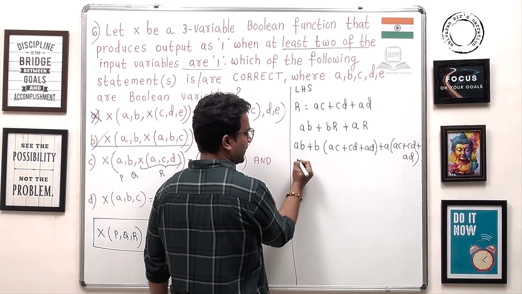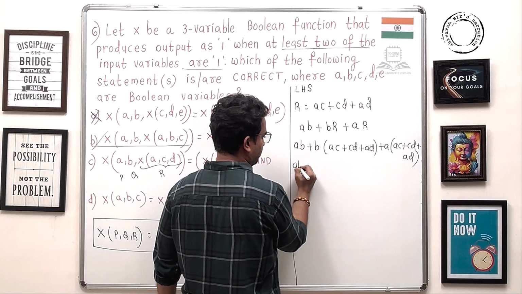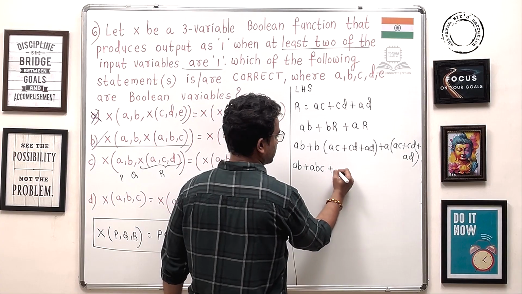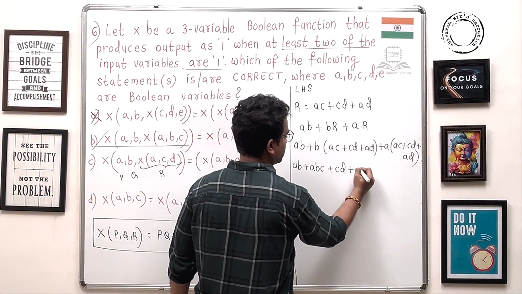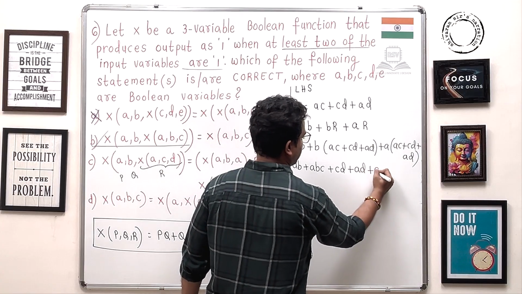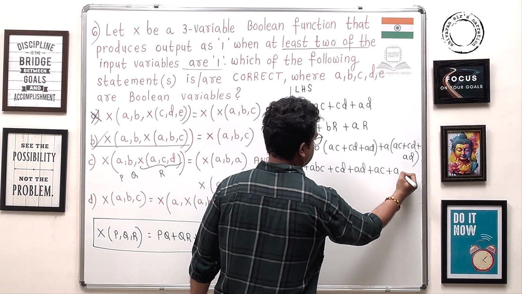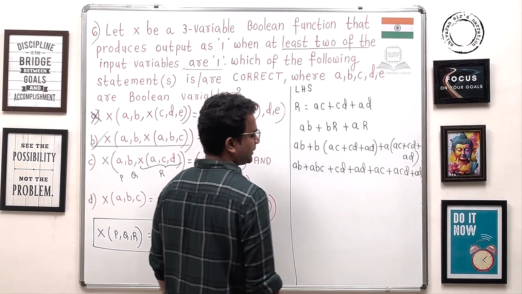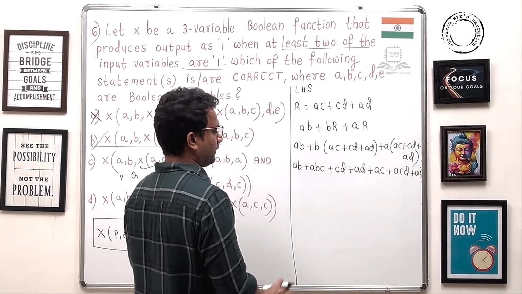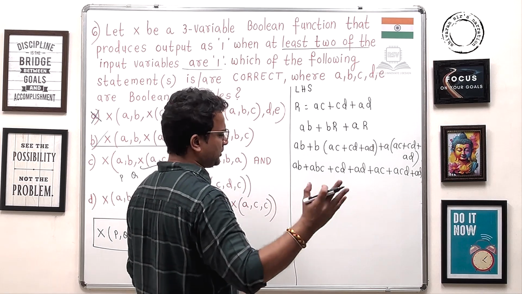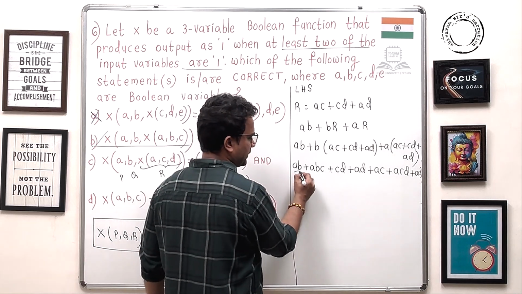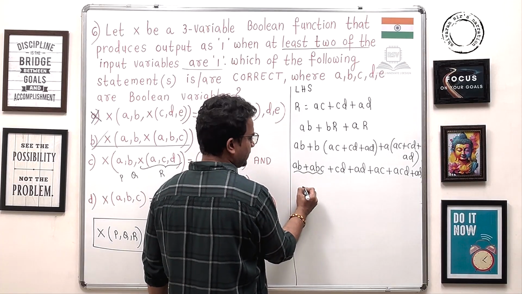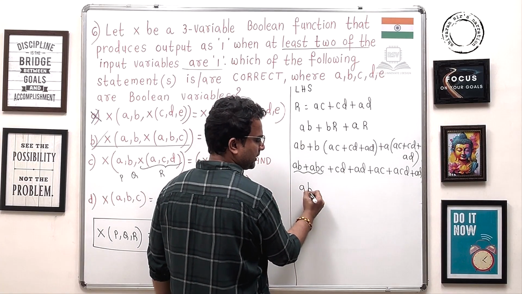Now if you expand the expression, AB plus ABC plus BCD plus ABD plus AC plus ACD plus AD. This is the expression. Okay, we will keep it as it is. Yes, you can simplify here. This is AB plus ABC.